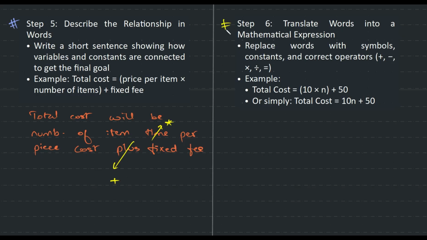Decide on the variable. Total cost is equal to, it's written over here, 10 into n plus 50. Where n is, you need to write this, where n is the number of packages.